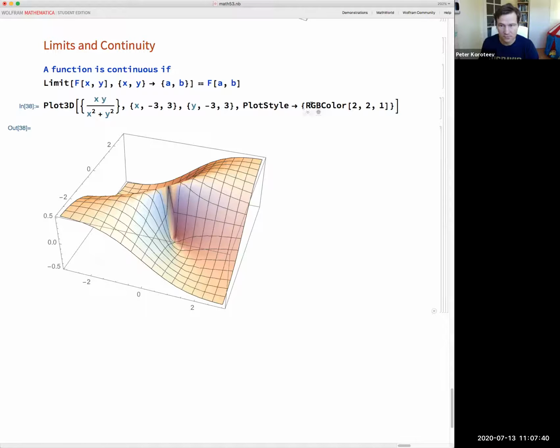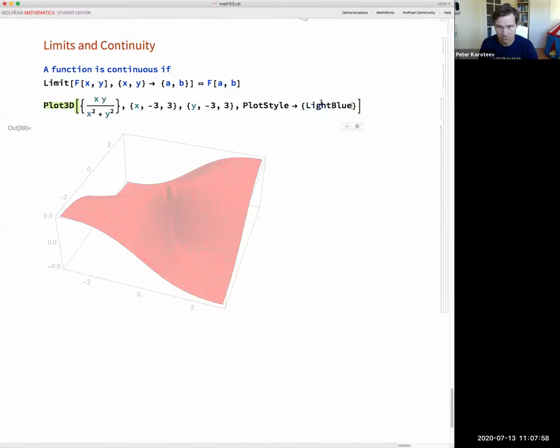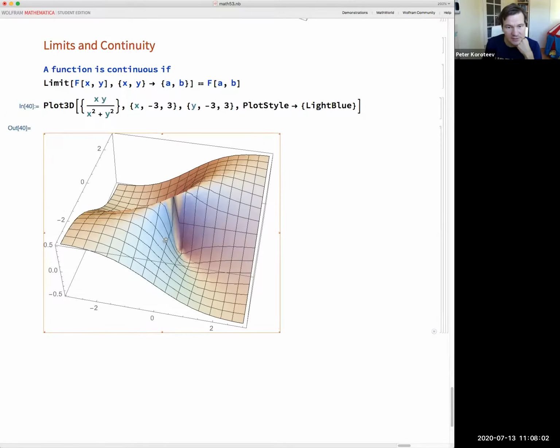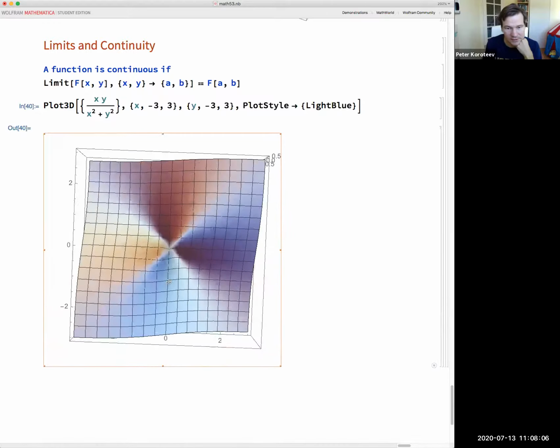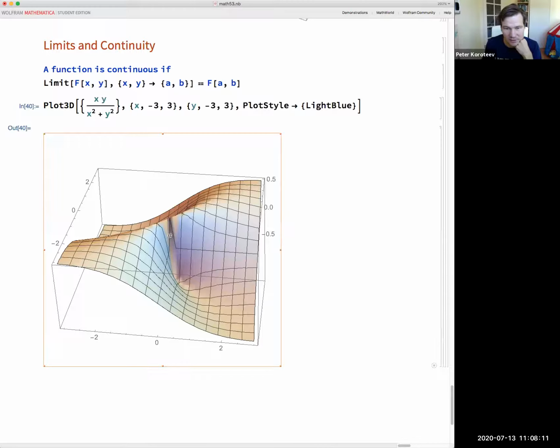So here, what happens is, well, you can see it for yourself. There's something interesting going on at the origin, right?